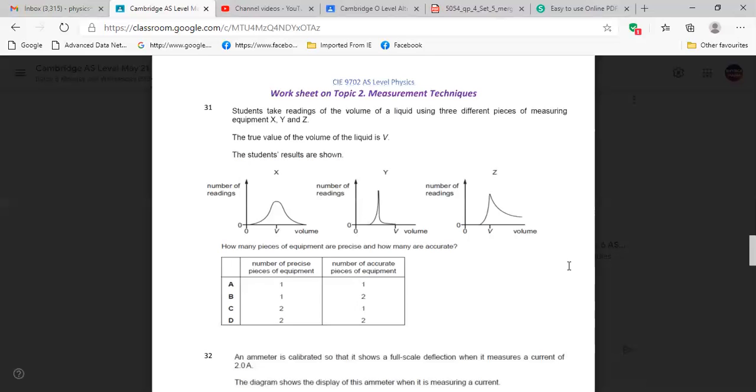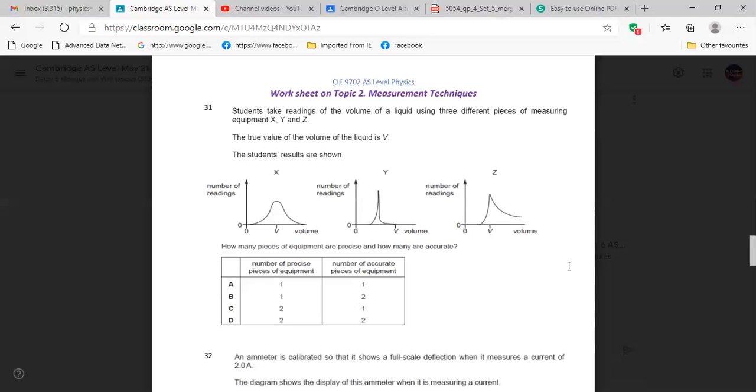Look, in the graph we have number of readings and the volume, right? Yes, sir.